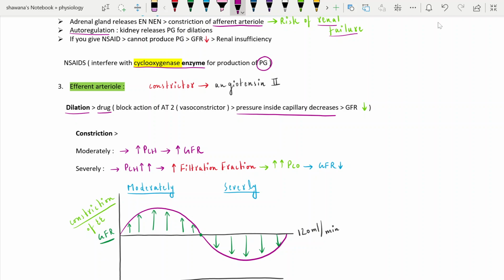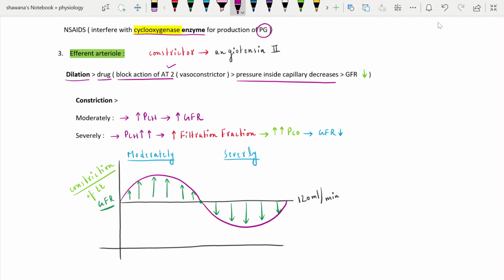those drugs that block the action of angiotensin 2. Angiotensin 2 is an important constrictor, but the drugs that block the action of angiotensin 2 will automatically dilate the arteriole, and the pressure inside the capillary will decrease drastically, and it will reduce the GFR.